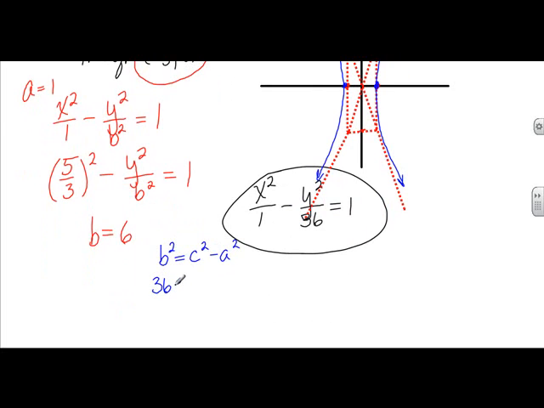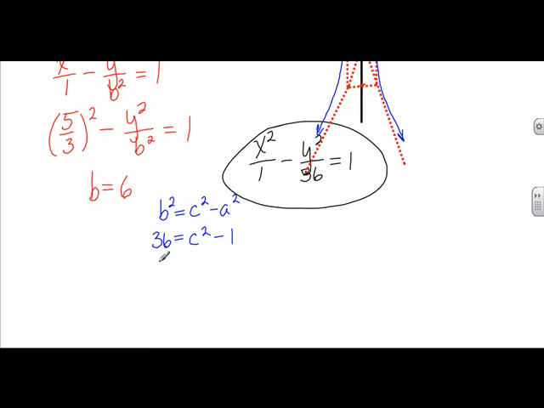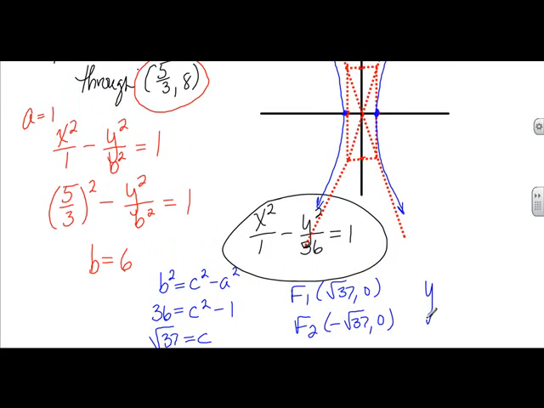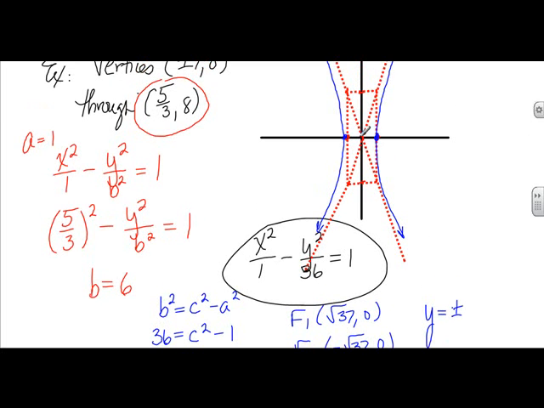So we will have a focus at the square root of 37, 0, and another focus at negative square root of 37, 0. The asymptotes will have equations that are positive and negative. Thinking about my box now. From the center to a corner of the box, that's a rise of 6 and a run of 1. So positive and negative 6x would be the equations for the asymptotes.